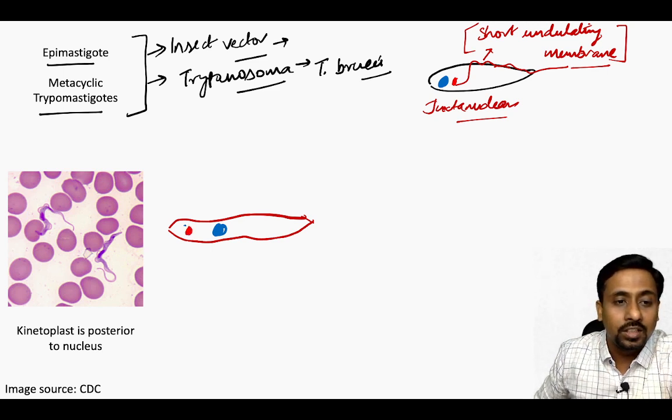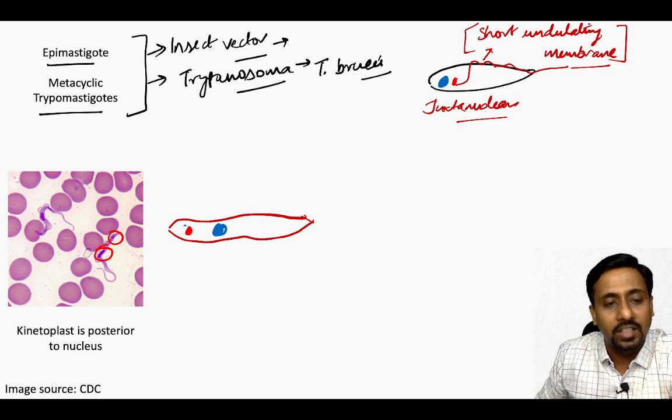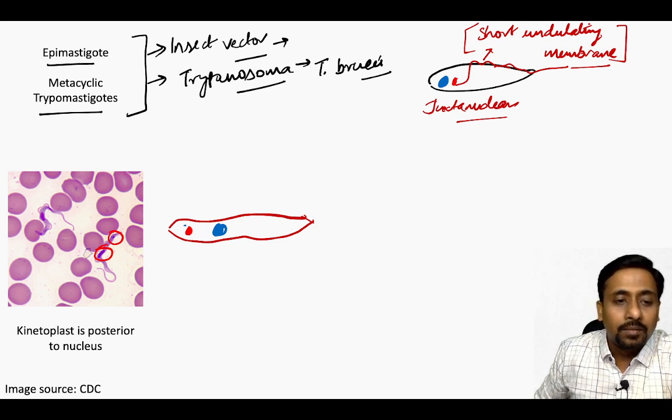See this, the kinetoplast is here and the nucleus is here. The nucleus is situated centrally and the kinetoplast is situated posterior to the nucleus, and this is the anterior end from where the flagellum is coming out. The flagellum will always come out from the anterior end, and from that end you can determine which is the posterior end. So if this is the anterior end, this is the posterior end, and in this case the kinetoplast is situated posterior to the nucleus.